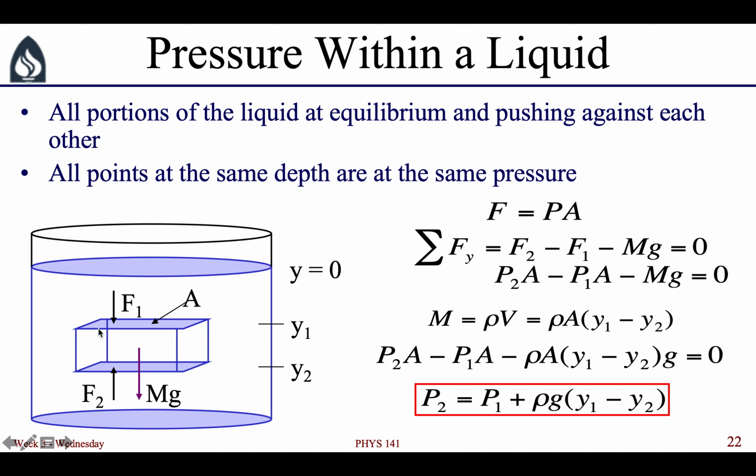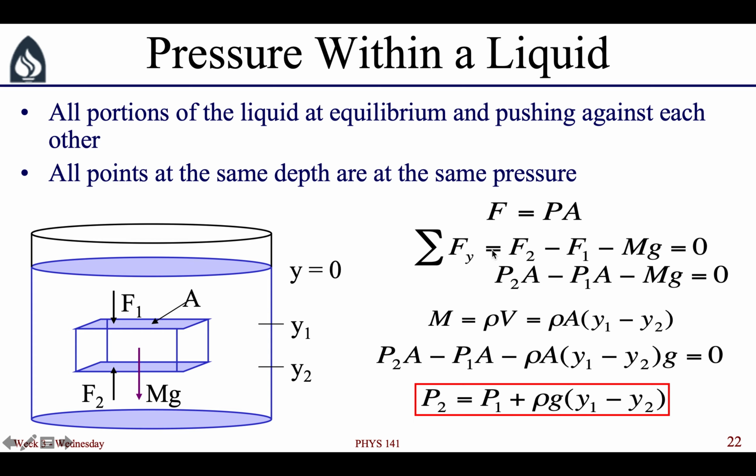So imagine that we have this rectangle or box of liquid. This is just an imaginary box of liquid that we've singled out as opposed to the rest of the liquid in the container. If we look at the forces acting on this imaginary box of liquid in the y direction, there will be a force exerted by the liquid above as well as a force exerted by the liquid below.